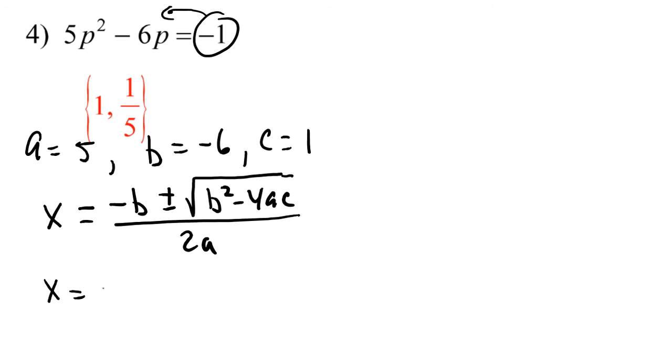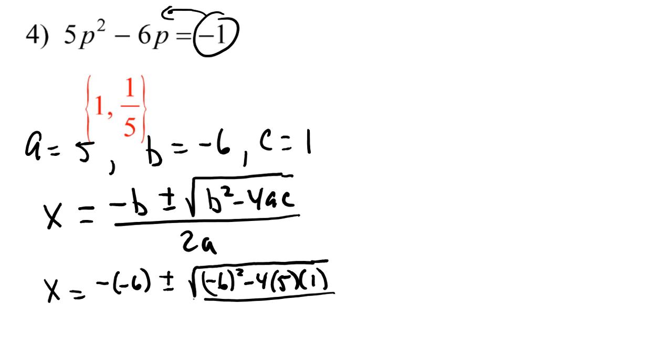So this is going to be -(-6) plus or minus the square root of (-6) squared minus 4 times 5 times 1, all over 2 times 5. I've gotten into a habit of always doing it the same way, and that keeps me from making mistakes.